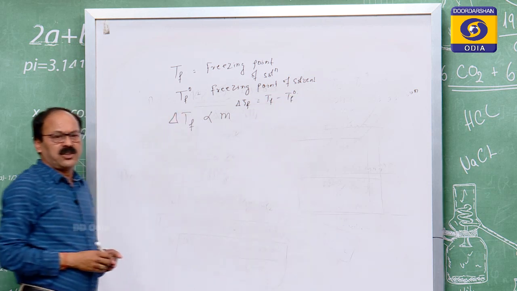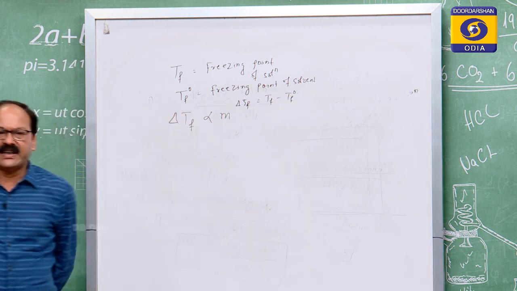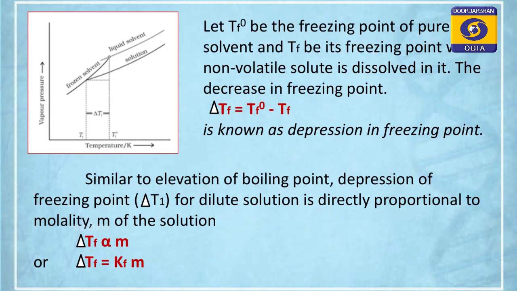That means, when a non-volatile solute is added to a solvent, the freezing point decreases, and the decrease in freezing point depends only on the number of solute particles present. So, it is a colligative property, it does not depend on the properties of the solute present in the solution.